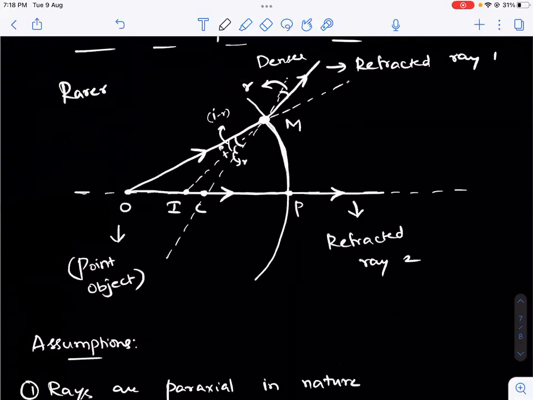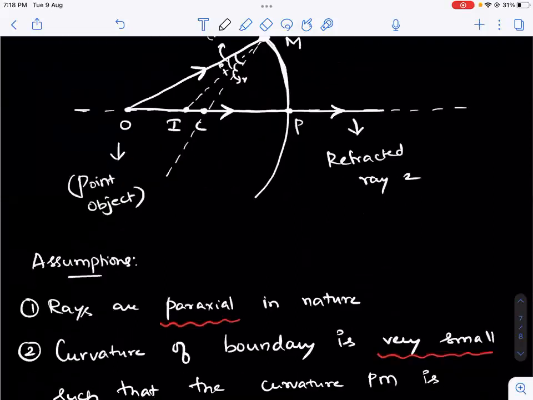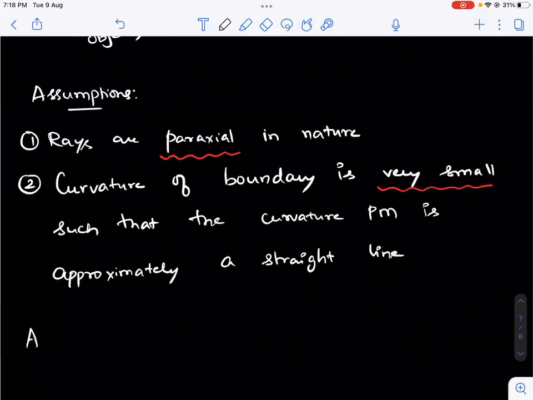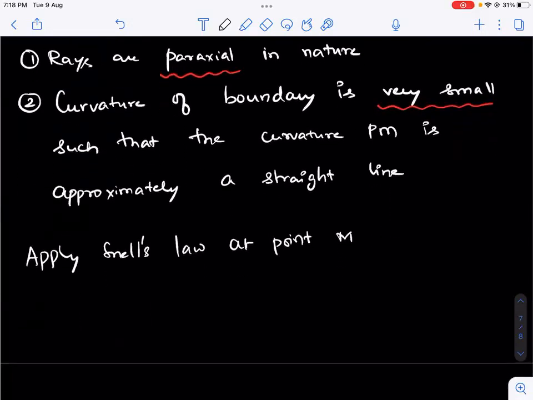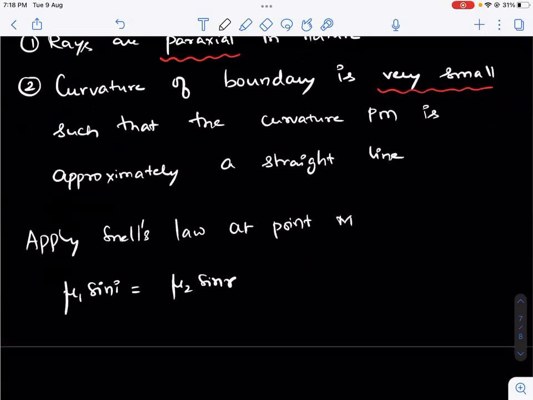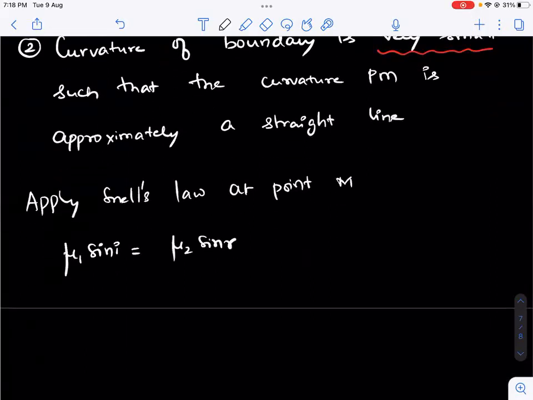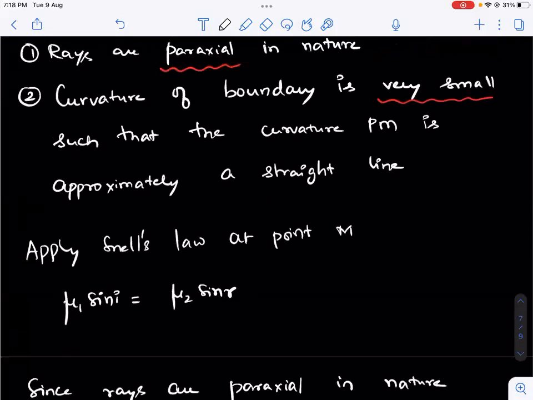So what I can do now is apply Snell's law at point M. When I apply Snell's law at point M, I can say mu1 into sin I is equal to mu2 into sin R. Since rays are paraxial in nature, what will happen?